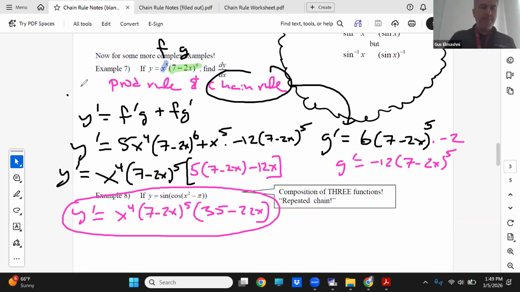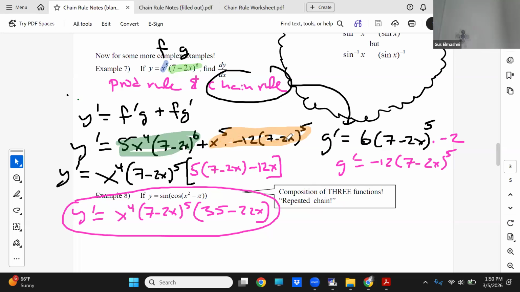So let me get a highlighter. Notice that both these have what in common? X to the 4th. So that got pulled out. 7 minus 2x to the 6th, 7 minus 2x raised to the 5th.